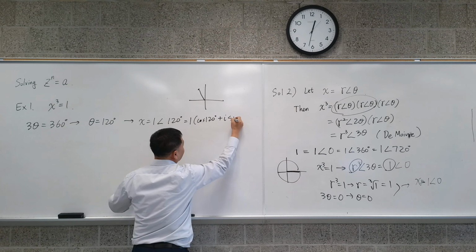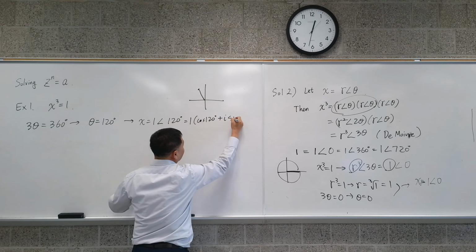And that's equal to negative 1/2 plus i times root 3 over 2. If you forgot your tricks, you should study them again, because you need to know these things.